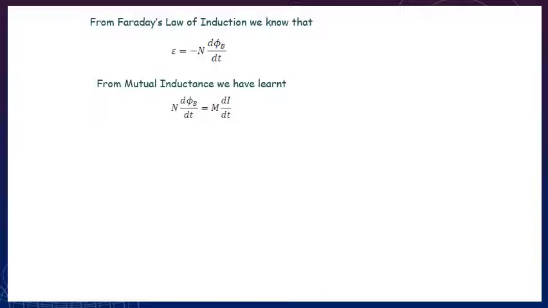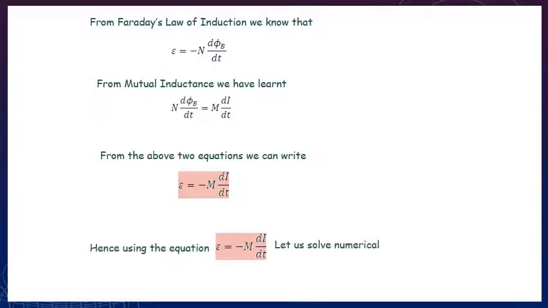So comparing those two equations, we can write EMF is equal to minus M di by dt. So here are the few formulas that we have learned in mutual inductance and comparing it with EMF. So these two formulas, we will be using it in our numericals.